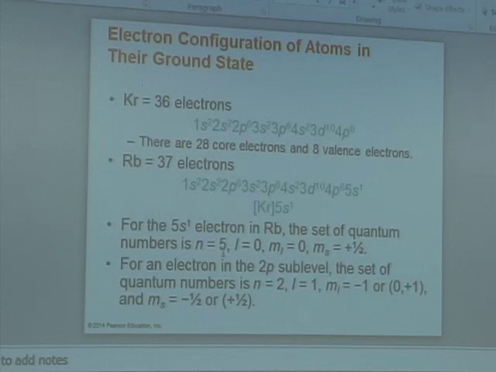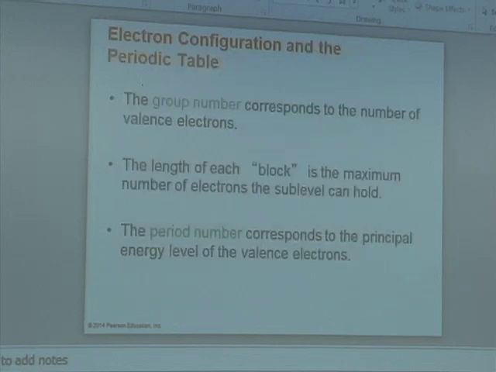So n equals 5, l would be 0, m sub l is 0, and the spin would be plus 1/2. But for an electron in the 2p sublevel, n would be 2, l would be 1, m sub l minus 1. And we'll try to do some exercises also when we review for this.